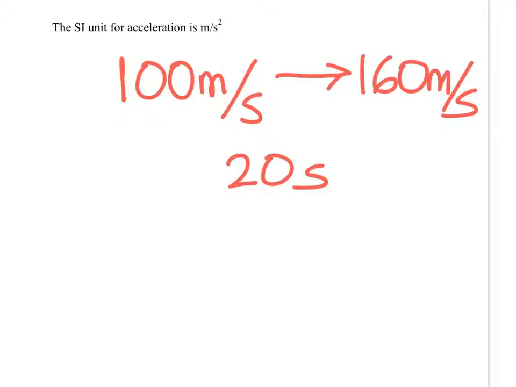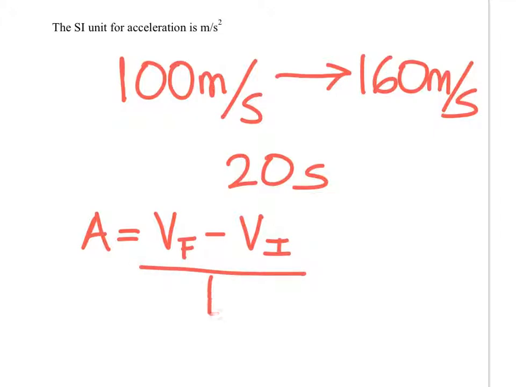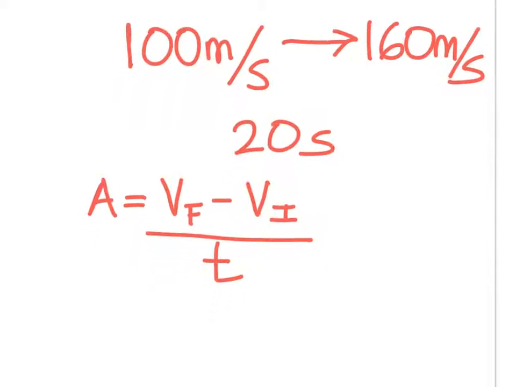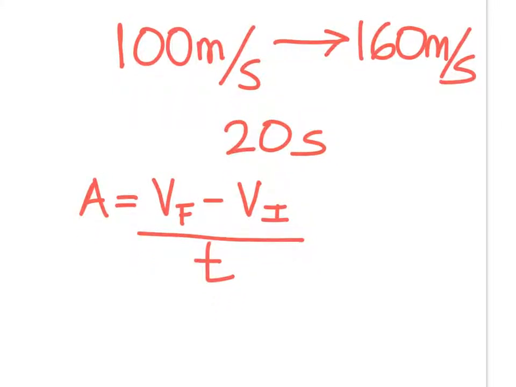Acceleration is equal to final velocity minus the initial velocity divided by the time. This is the equation that you're going to see in your textbook. So again, final velocity minus initial velocity divided by the time.